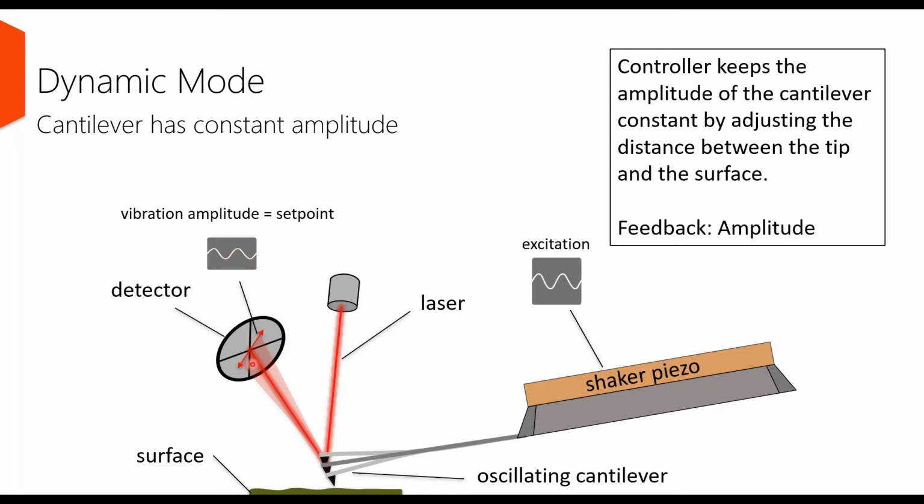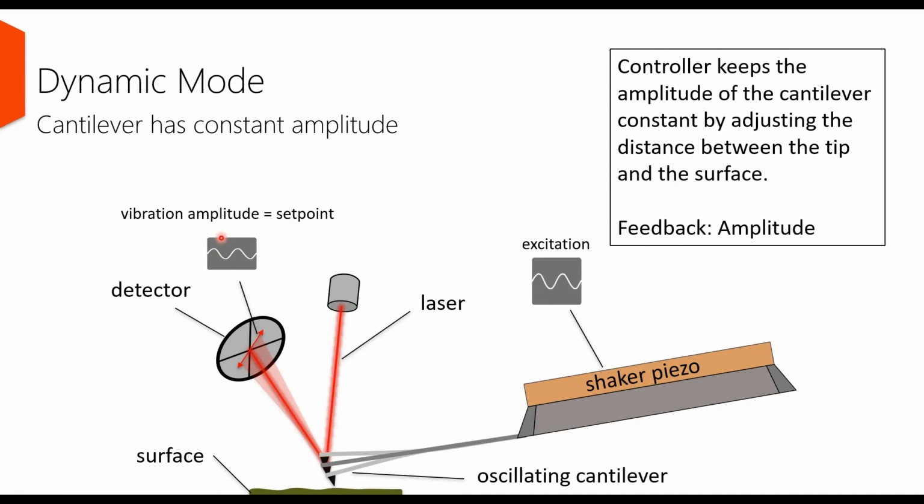So what we may have started at 100 nanometers of amplitude, we might now be at 50 nanometers in amplitude. And this is what we set the controller at, the set point. We tell the controller, I want to scan the surface at this 50% of the free vibration amplitude set point. And again, it raises and lowers the cantilever to track the topography of the surface by maintaining this amplitude.